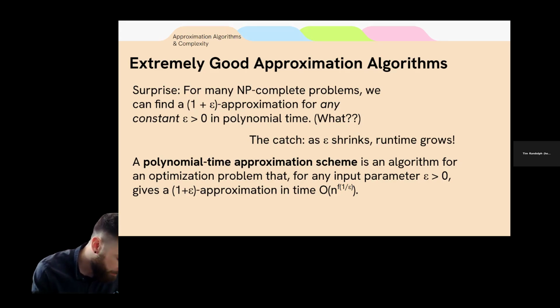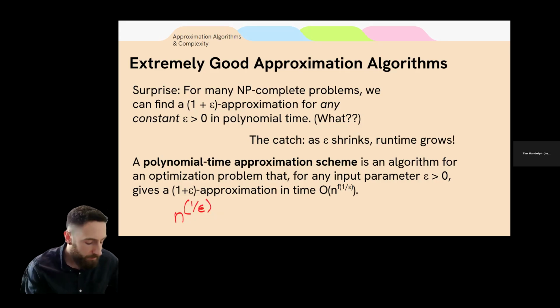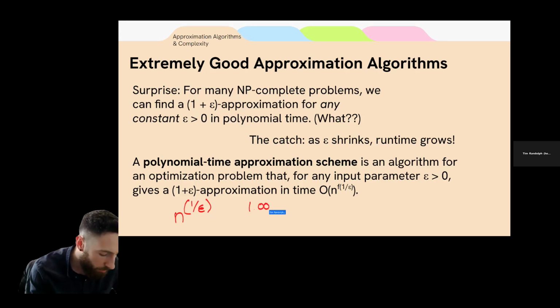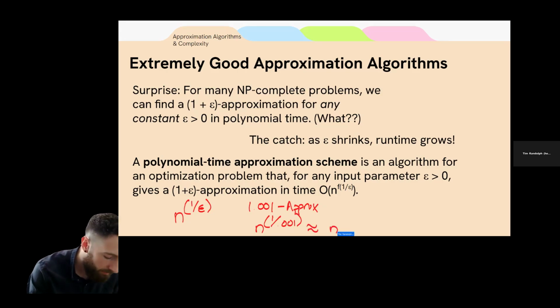So as an example, if you got, for instance, a 1 plus epsilon approximation in time, I don't know, n to the power of 1 over epsilon, we can imagine you can get your 1.001 approximation, but that would also mean you're dealing with an n to the 1 divided by 0.001 time algorithm, which would be like an n to the 1,000 time algorithm.